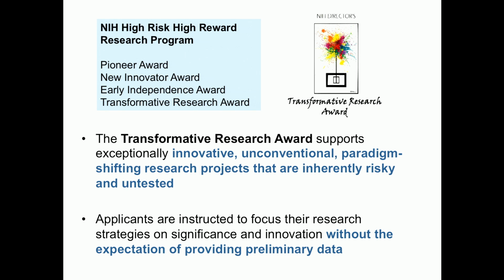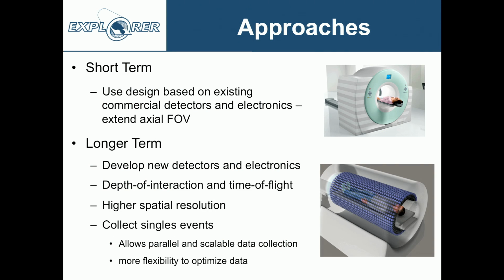And the other nice thing is we're instructed to focus on significance and innovation without providing preliminary data, which again, we couldn't other than the simulations, there's not much else we could show at this point. So we were fortunate enough to receive one of these awards about 6 months ago, jointly funded by NCI, NIBIB, and the Office of the Director, that's going to now allow us to actually build the first prototype system.